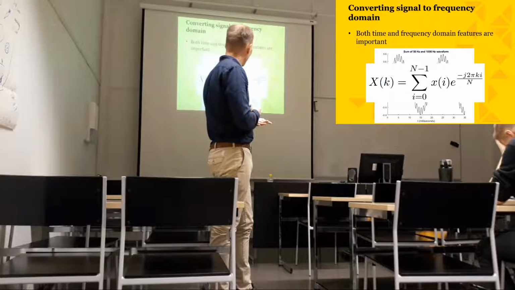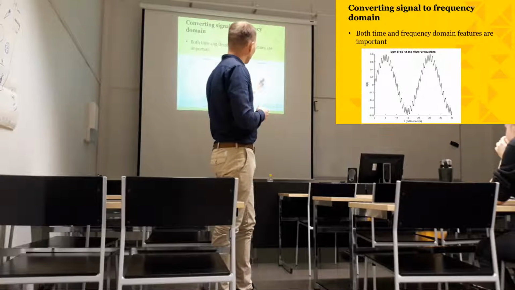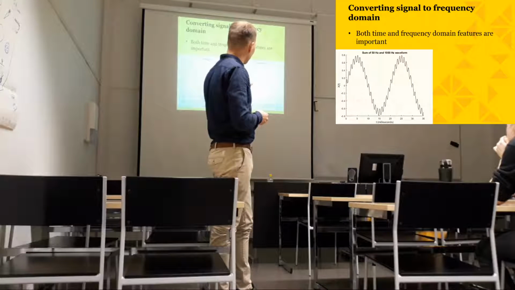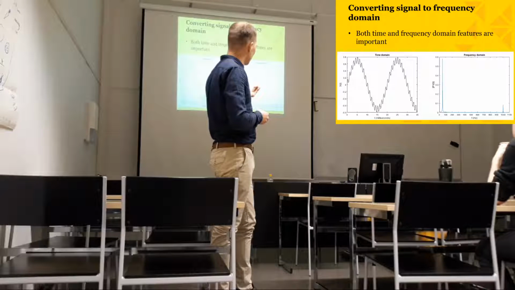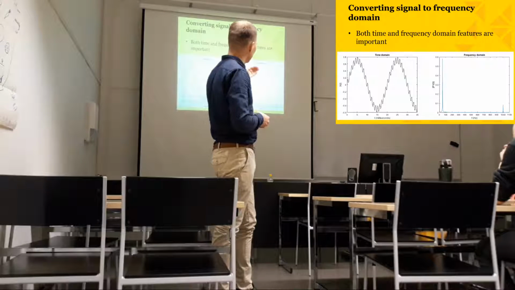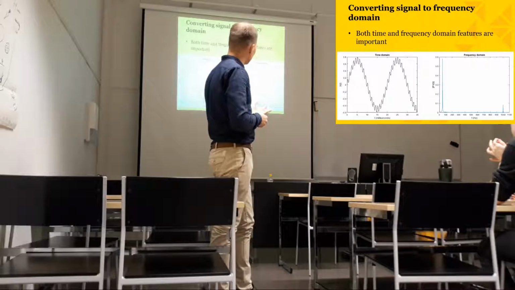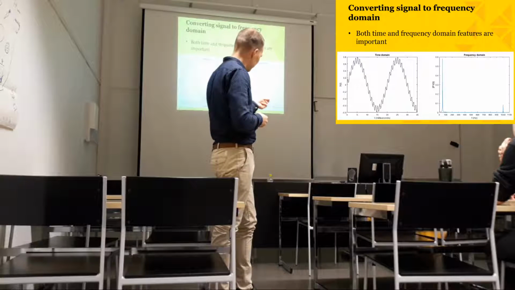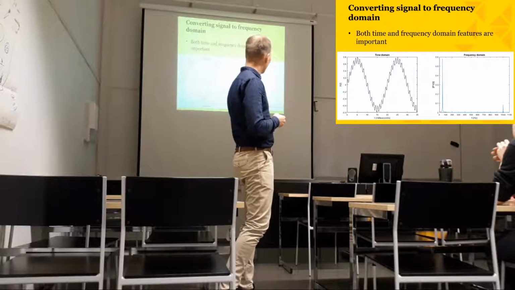There's a formula for it, and the result would be like this. From the right graph, we can clearly see the 50 Hz and the 1000 Hz peaks pointing out. We can also see the amplitude, so the higher frequency in this case has a lower amplitude.